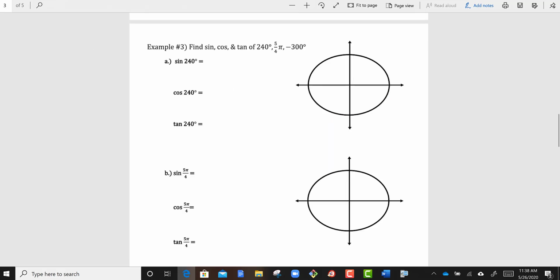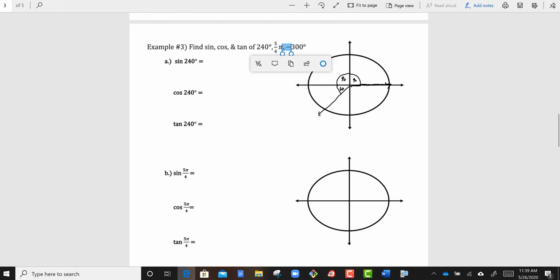So example 3, we're doing the same thing, but now we don't have the special angle of 0, 90, 180, or 270. Example 3a, we're looking at 240 degrees. So let's start by sketching 240, and you need to find the reference angle at 240 degrees. 240 is going to be 90 plus 180 plus about 60 more.